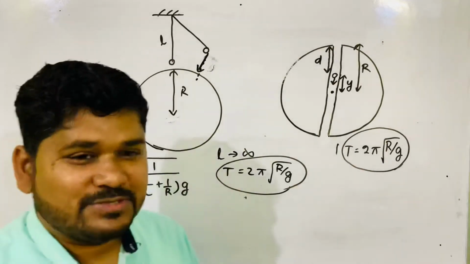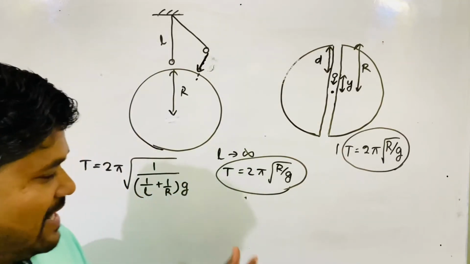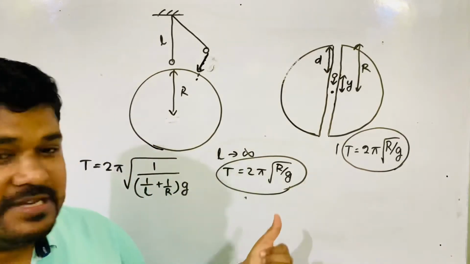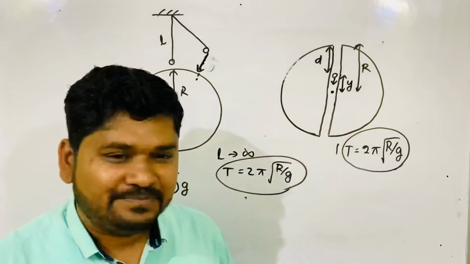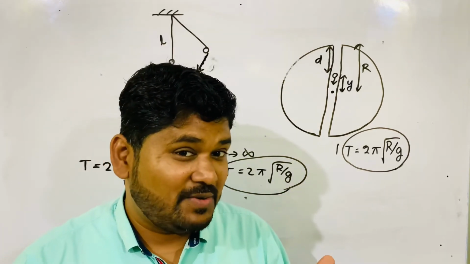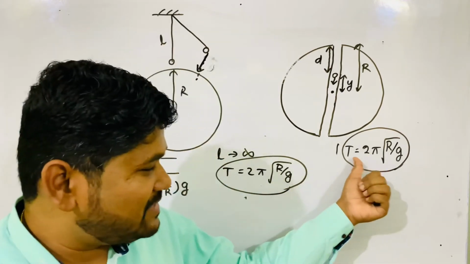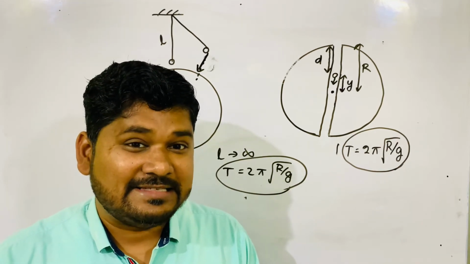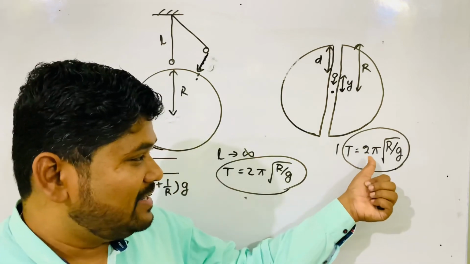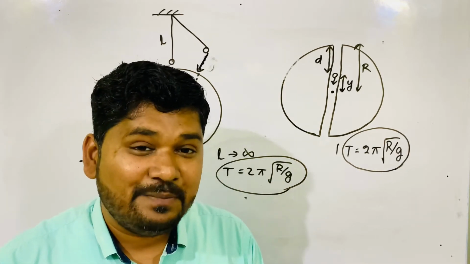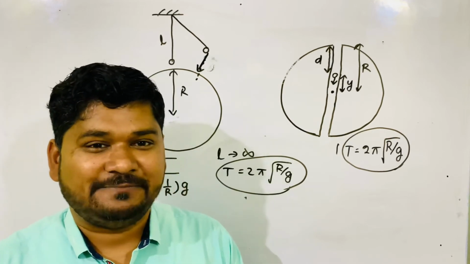Okay, I had left this one in the previous lecture. So the time period of the pendulum when length is infinite, this expression is also similar to this. Not only in these two cases, another case you have also seen where this is the same expression. Just recall where we have seen this one, T is equal to 2 pi root R by g: the time period of a satellite. Which satellite?